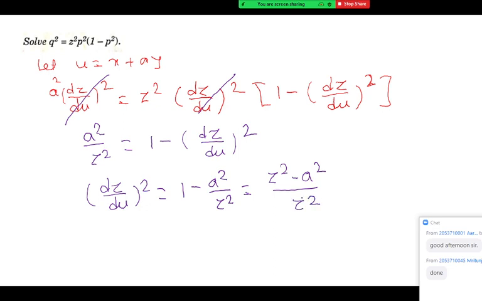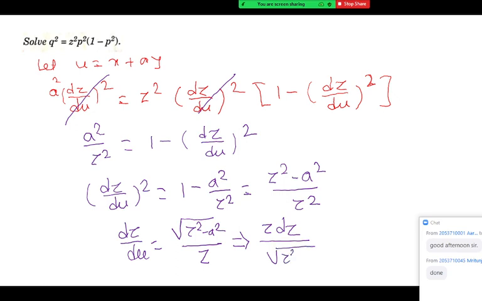Taking square root on both sides, dz by du becomes root of z square minus a square upon z. The variable separable form is z dz upon root of z square minus a square is equal to du.